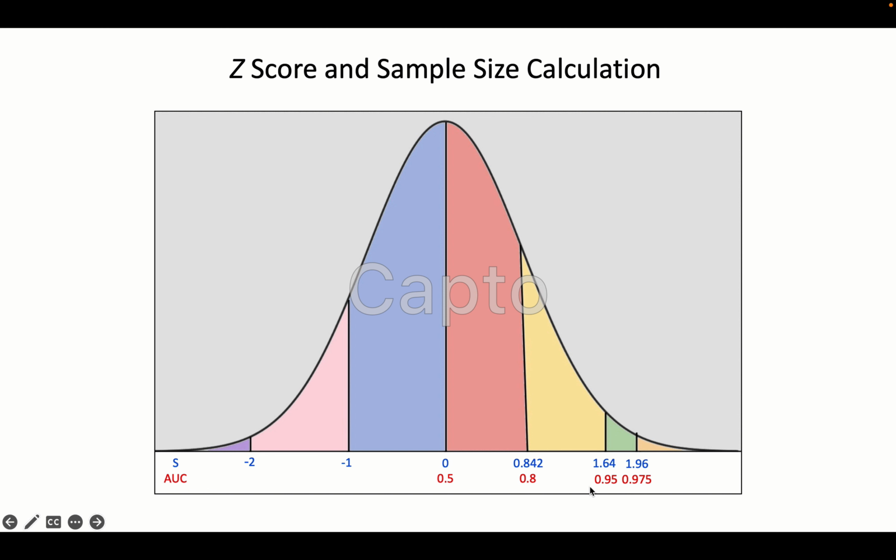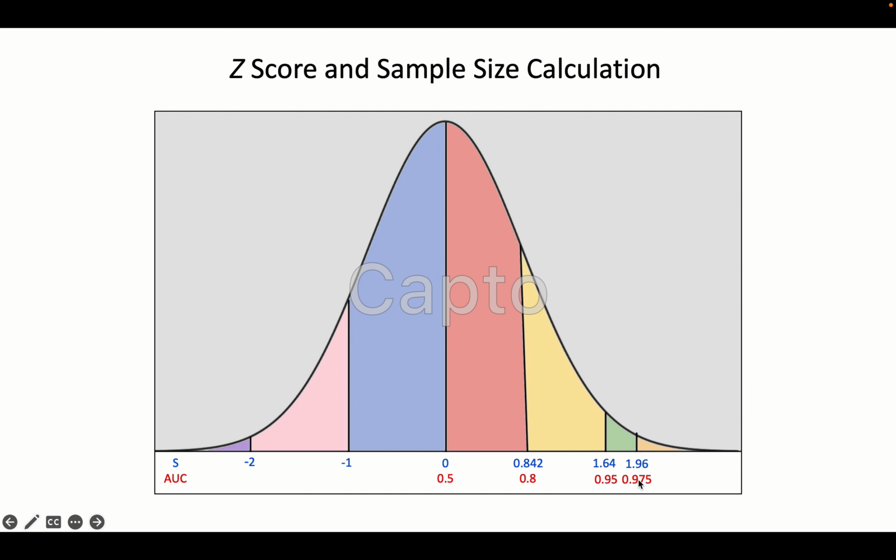Something similar happens when you want to calculate the area under the curve for the 95%. In this case, the z-score would be 1.64, and that means that the observation is 1.64 times away from the mean, right?